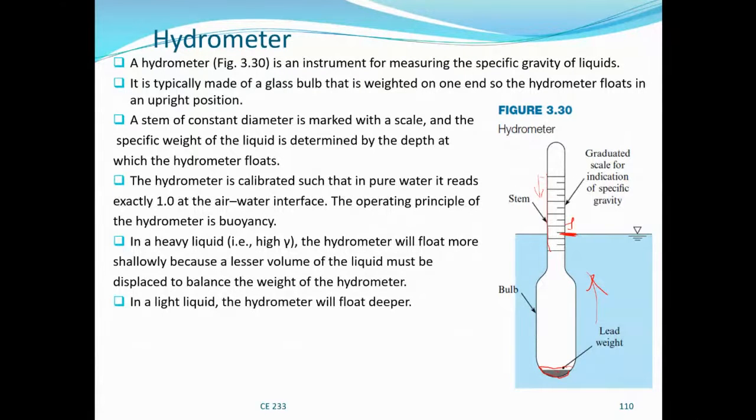And in a light liquid, let's say petroleum or benzene, the hydrometer will float deeper, because the relative density is less. It will be at this level when you have, let's say, benzene, because the relative density of benzene is less than that of water, so it will be less than 1. Whereas if you have mercury, Hg, it will float higher, somewhere around this level.